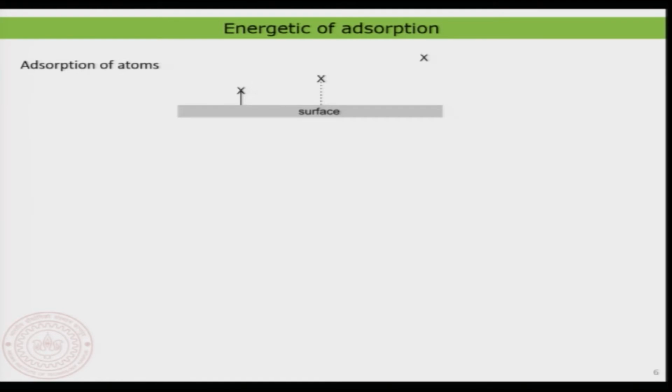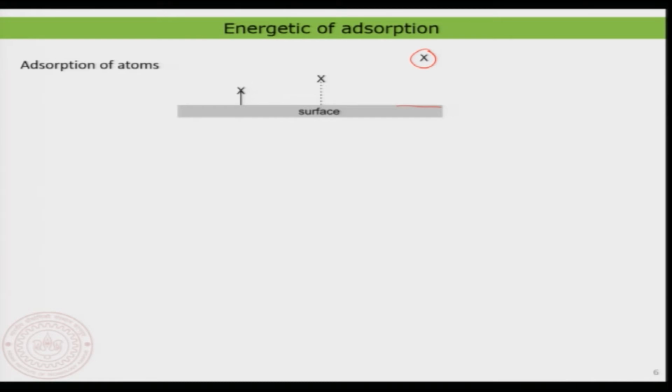Now, to understand this, we will do a small experiment where we take an atom, namely X, it is any atom, no matter what atom you take, and you adsorb it onto a surface. Just keep in mind that this surface is atomically flat. But now, I am not at this moment looking at the specific sites to which the atom is adsorbing, I am only considering that the atom is approaching the surface.